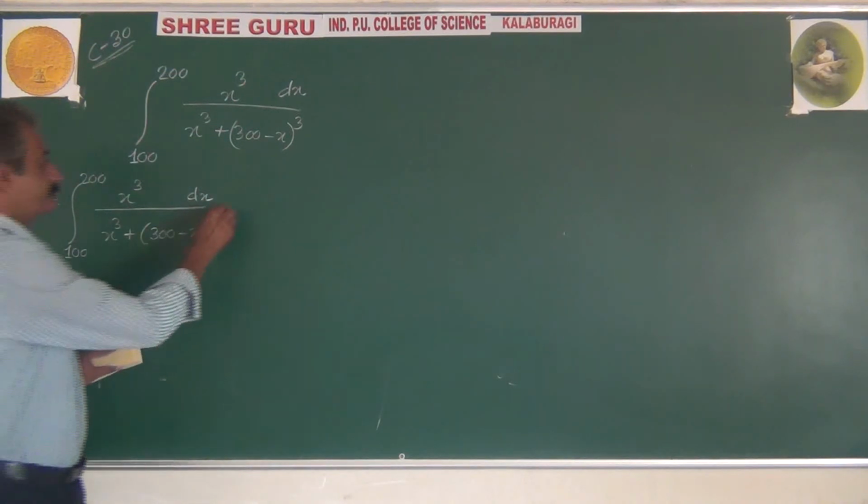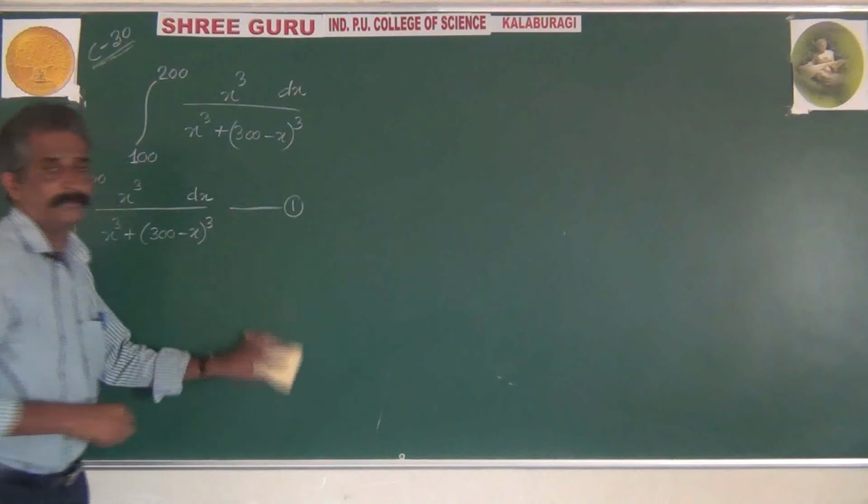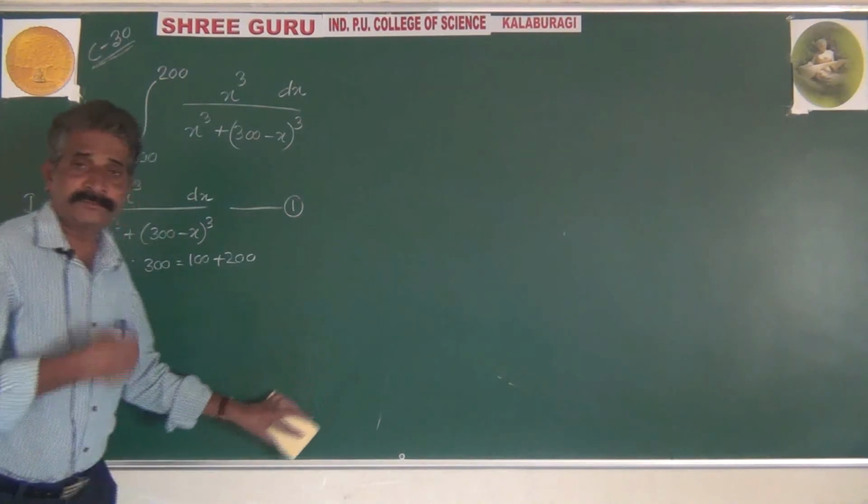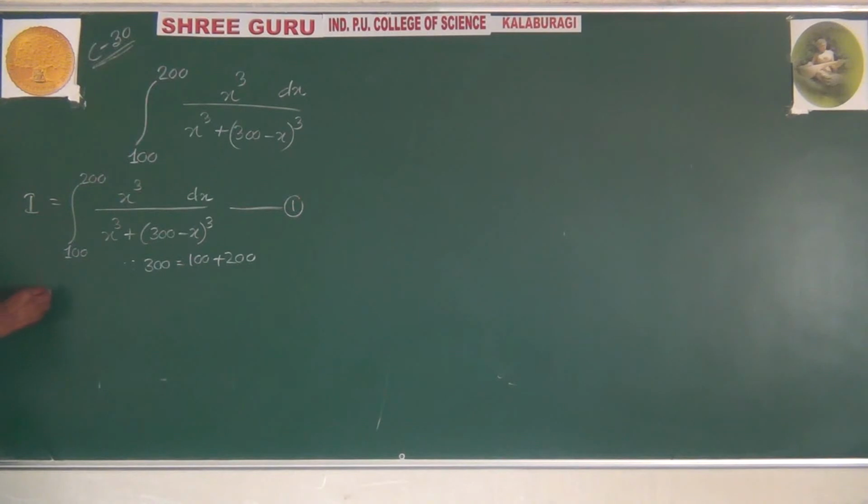And more importantly, what is 300? 100 plus 200. Since 300 is nothing but 100 plus 200, which are our lower and upper limit sum, we need to change x to sum of limits minus x.